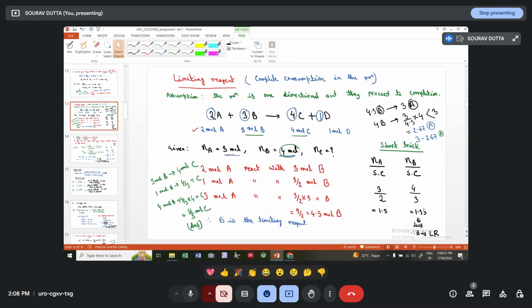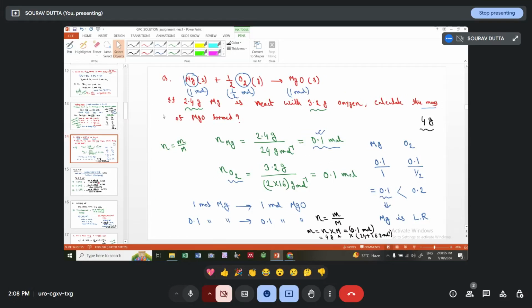Okay, so between these two ratios, in which case the ratio is minimum, the corresponding reactant will be the limiting reagent. So B is the limiting reagent.